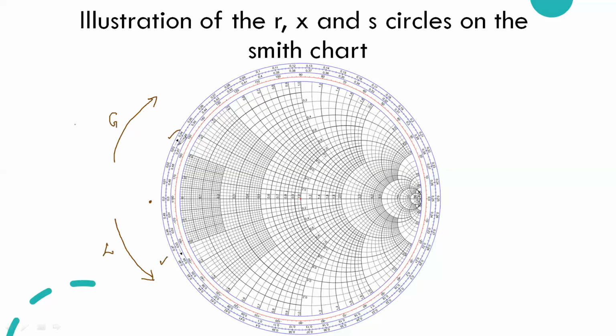So this direction shows the wave propagating towards the generator, and this direction shows towards the load. So this is about the waves, the two directions which are shown here.